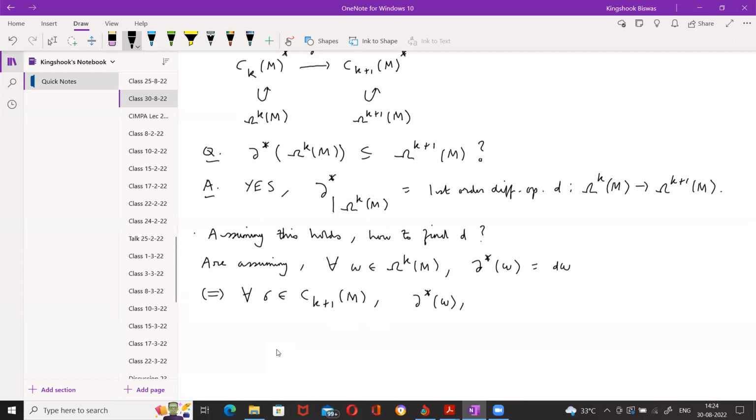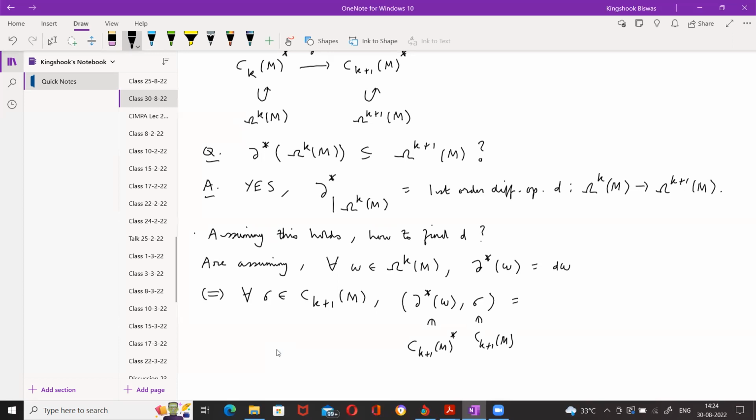I'm going to write the action as a pairing between the dual space of k plus 1 chains and the space of k plus 1 chains. This notation you understand? This is the pairing. This is an element of C k plus 1 m star, and this is an element of C k plus 1 m. So this dual element acts on this element. This makes sense? Yes.